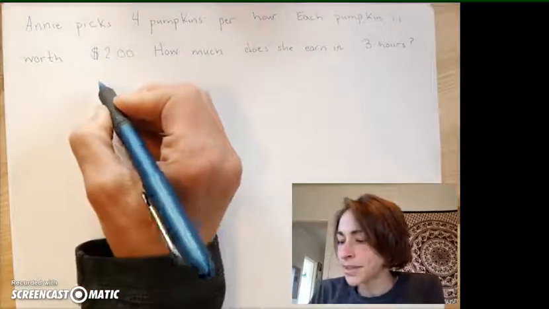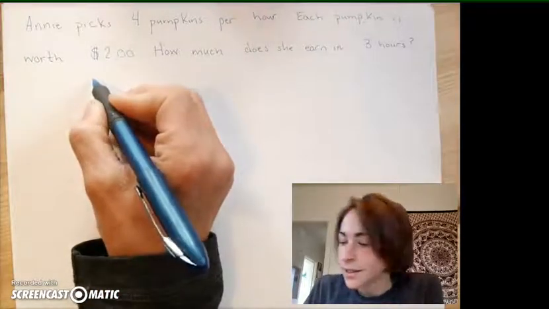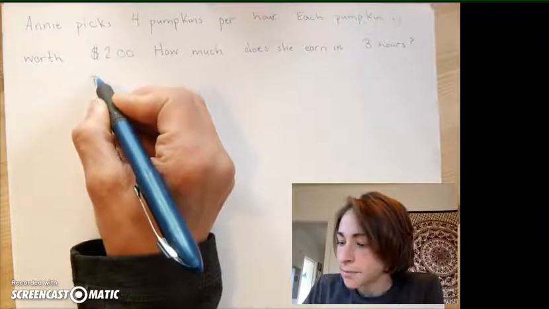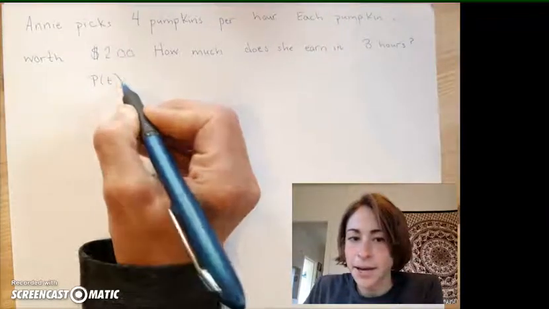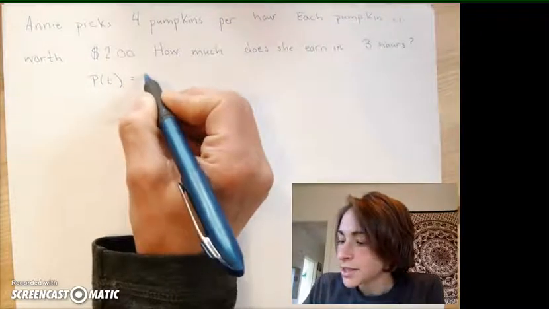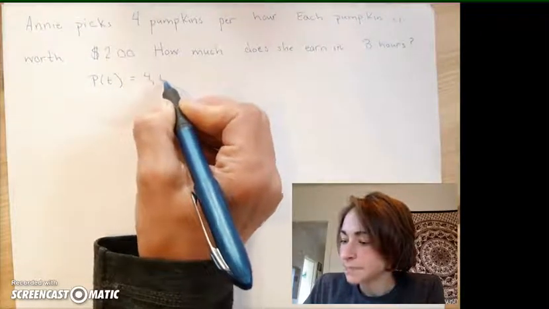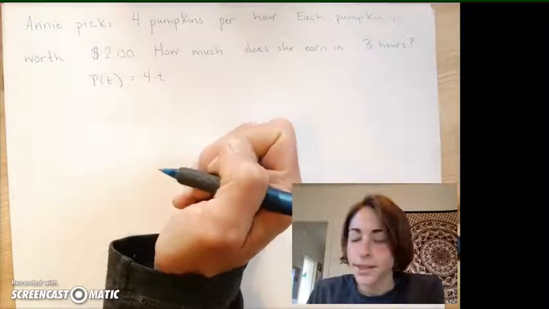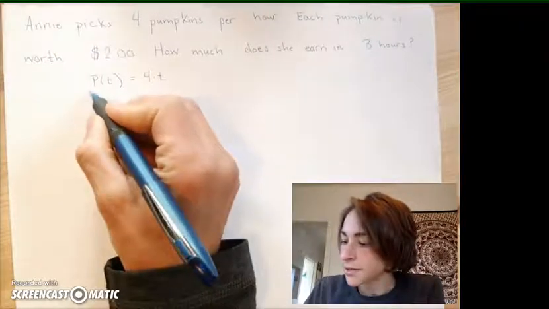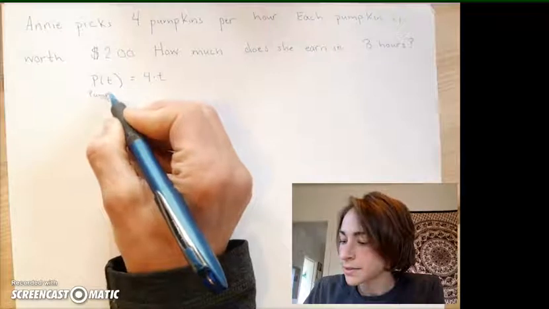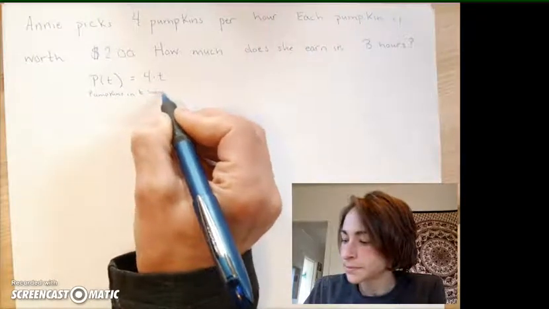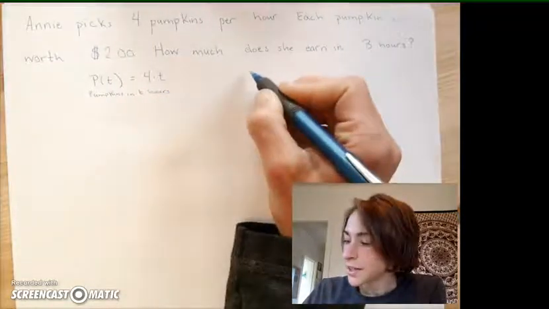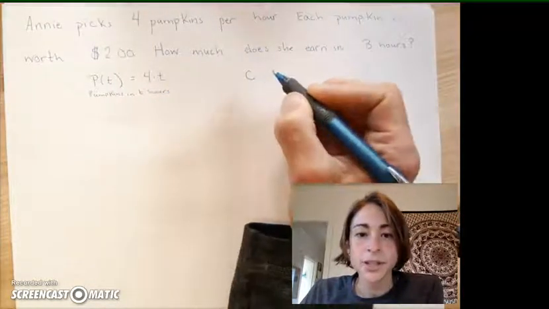Well, we could think about this mathematically by saying there's a function that describes how many pumpkins Annie picks per hour, and that's just 4 times t. There's another function, so let's write this, pumpkins in t hours. There's another function that describes how much she earns per pumpkin.